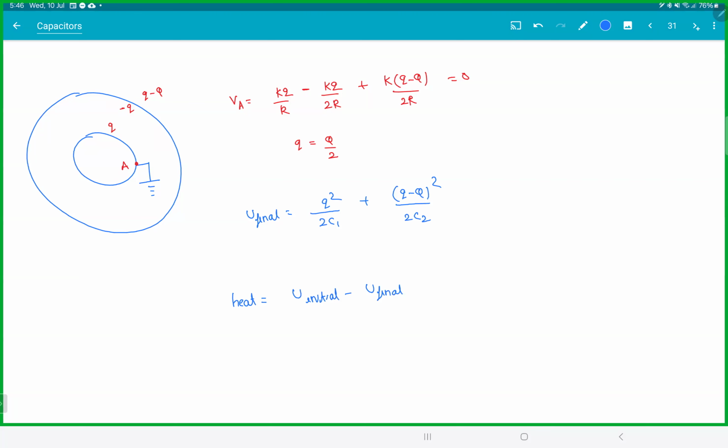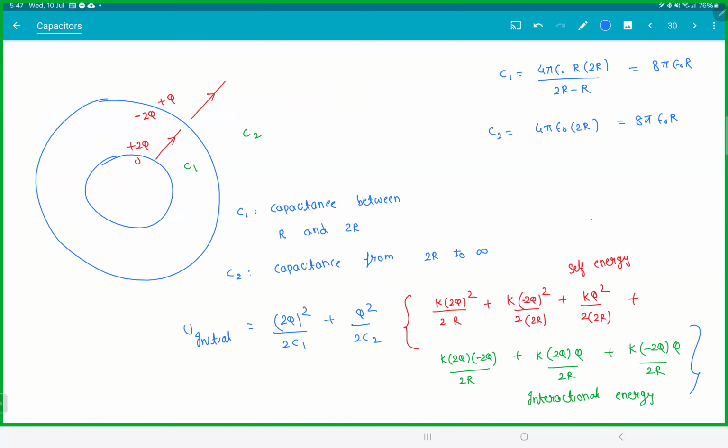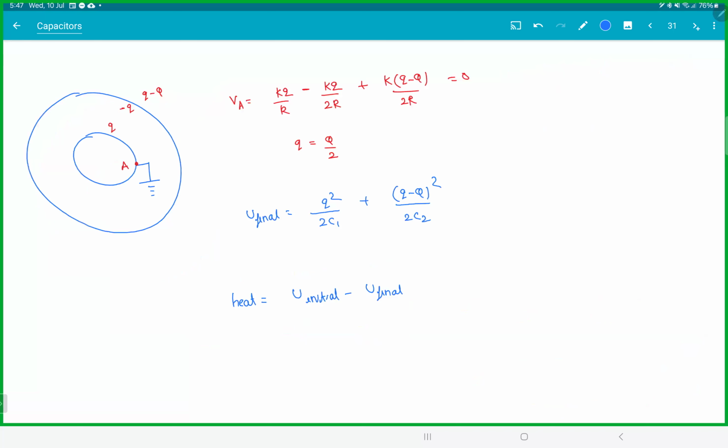Gauss law plus capacitors. If you try to do the self energy, you can do it, but it becomes pretty long. Six terms you have to calculate every time. But if you treat that inner shell and the outer shell as one capacitor C1 and C2 as the second capacitor, then you can just find the energy and then you're done. Do have a look at this. So the charge distribution comes from saying the potential at the shell is 0 because you're grounding it.